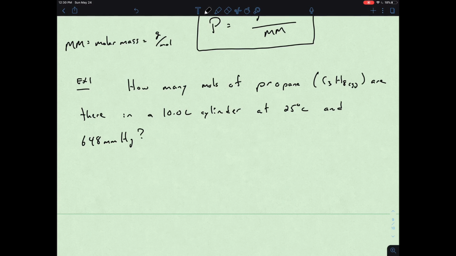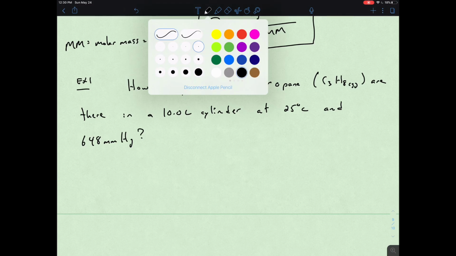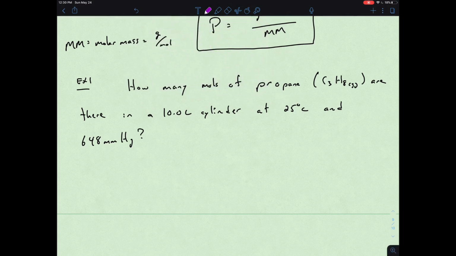So, going through the conditions, we really find that we only have one set of conditions. We have a volume, we have a temperature, and we have a pressure. And we're trying to figure out our mole value, which we don't know.